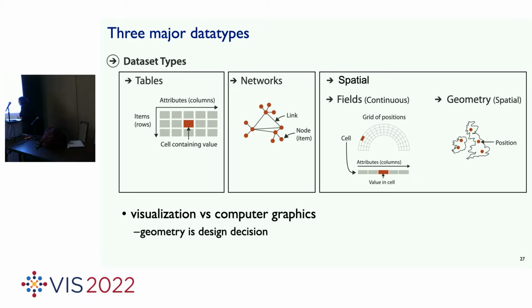My own definition is about when the geometry that you actually draw pictures of is a decision by the designer rather than simply something you're given. There are a lot of situations in visualization where at the end of the day there will be some geometric form being drawn, but a decision got made that that particular geometry was the right one, and we didn't just get that for free.